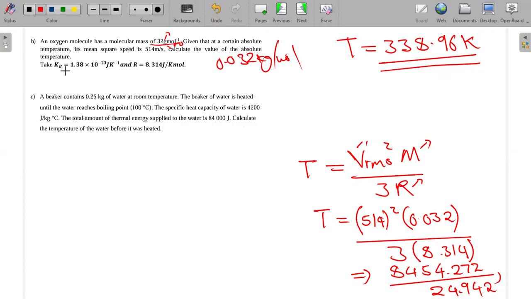Then we have our Boltzmann constant, which in this particular case we did not use because we used the formula that does not involve the Boltzmann constant. There are two formulas that are used to calculate the root mean square speed. The other one involves the Boltzmann constant, whilst the other one does not. So in this particular case, we've used the one that does not. Hence, we are getting an answer which is equal to 338.96 Kelvin. Let's look at part C.